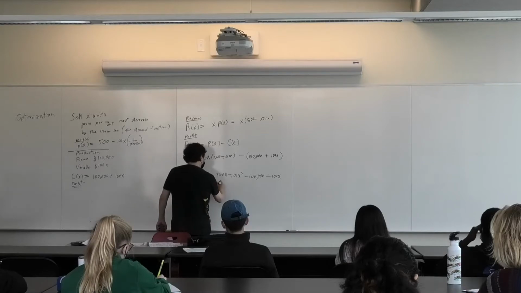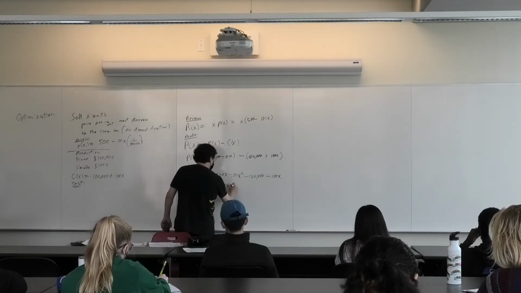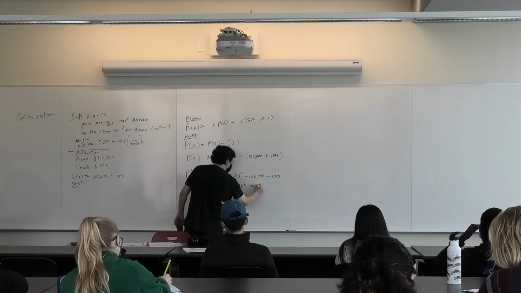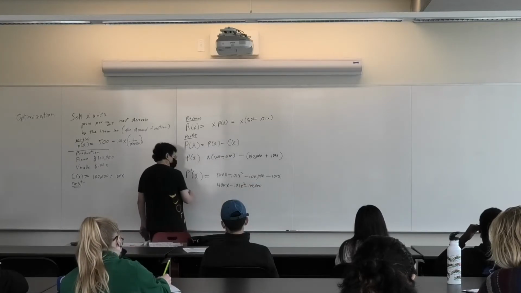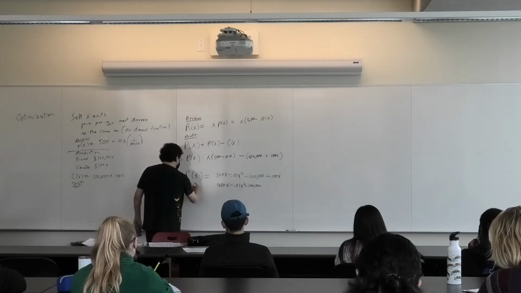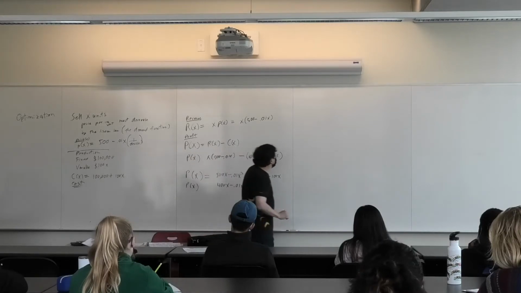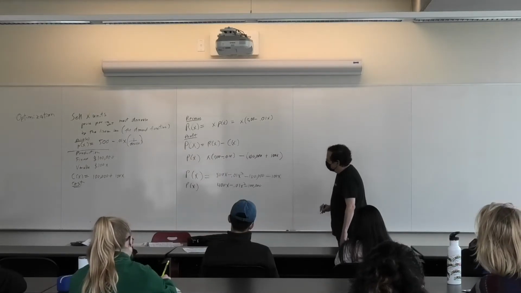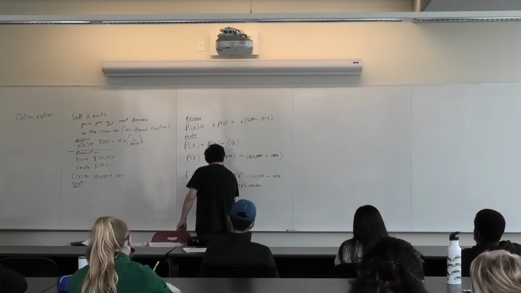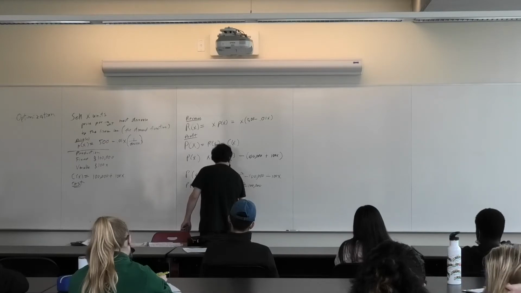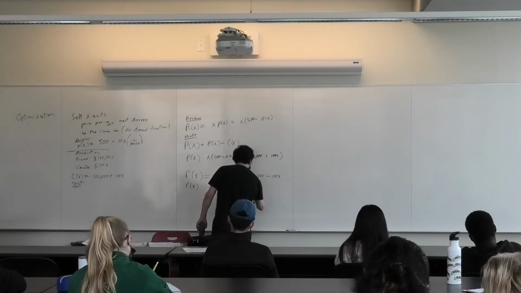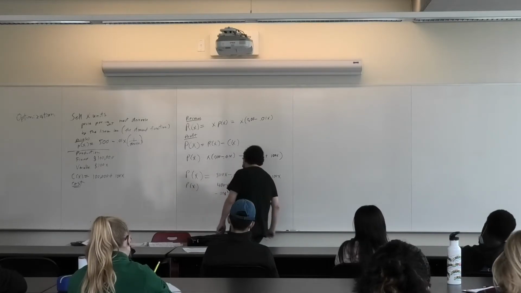So it's really 400x minus 0.01x squared minus 100,000. Maybe I should write it this way, in more standard form: negative 0.01x squared plus 400x minus 100,000.